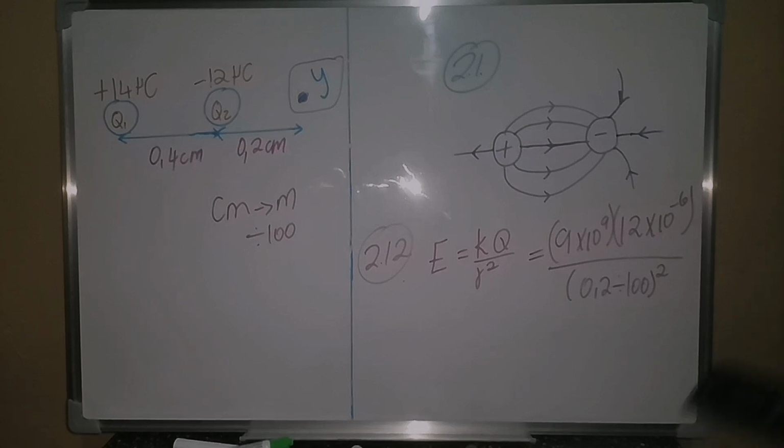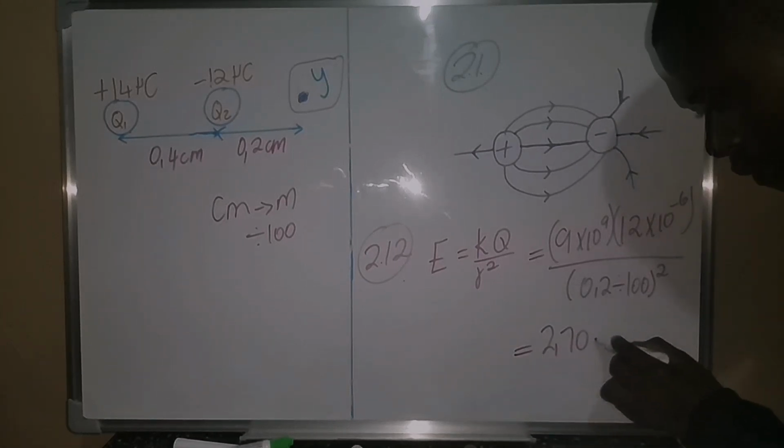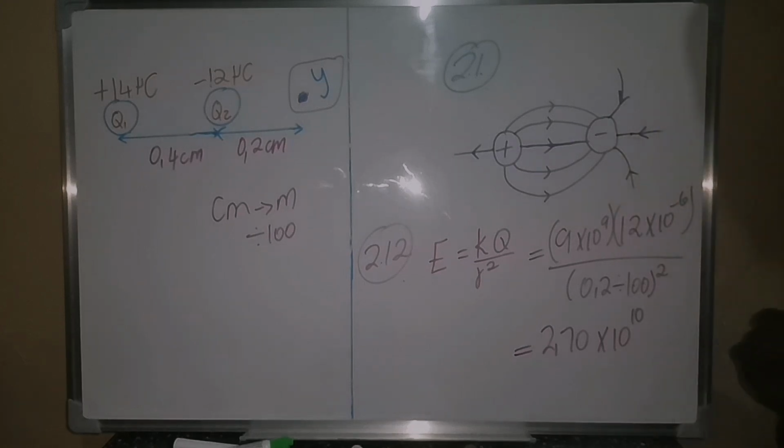Our answer there is 2.70 times 10 to the power 10 newtons per coulomb. Yes, this is the answer for our question. I hope you are still with me here, guys.